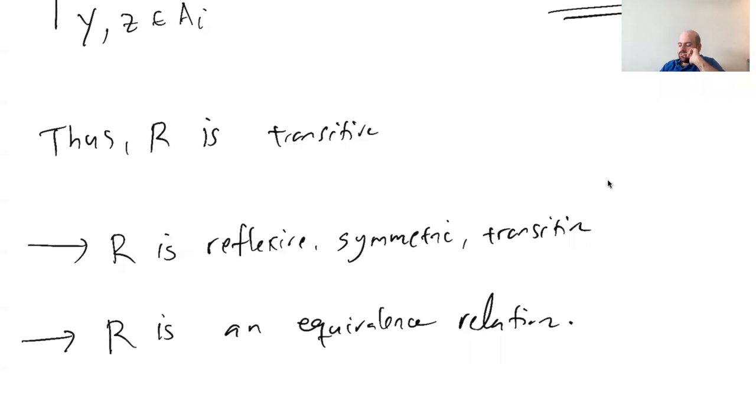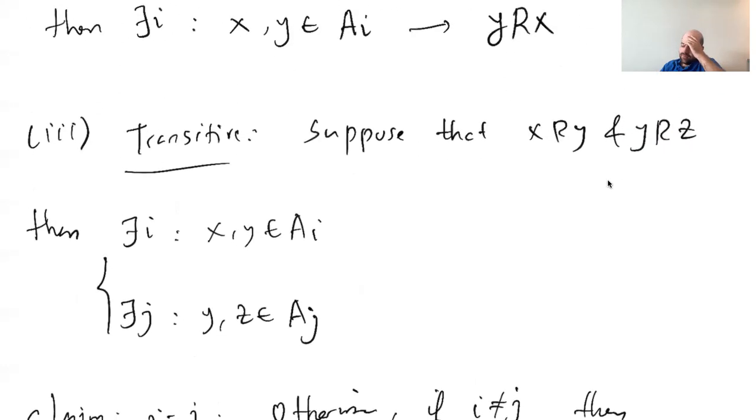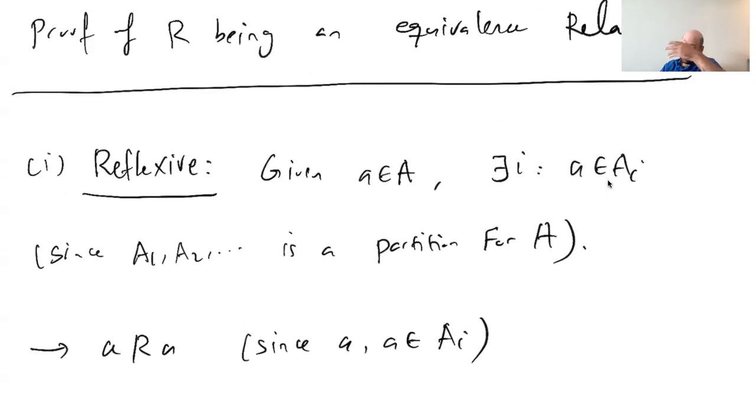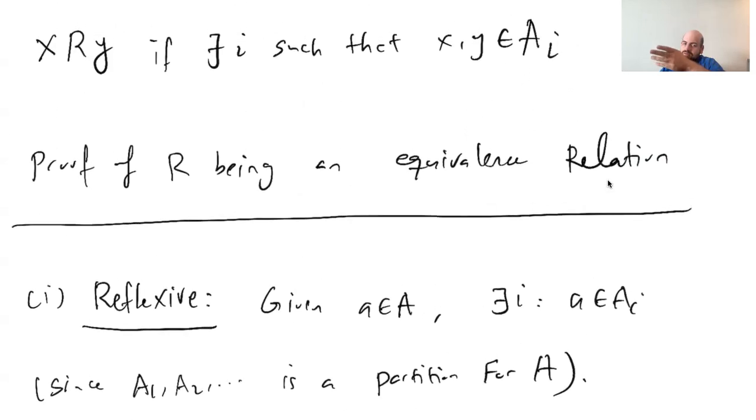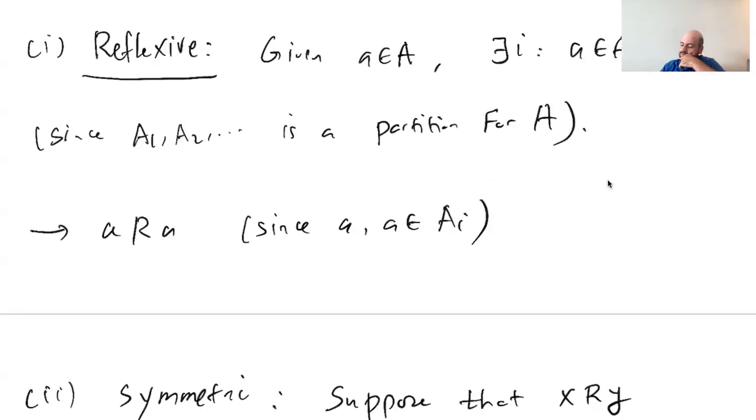Okay, so that's all we need to show: that if we have a partition on a set, then we can define an equivalence relation on that set.